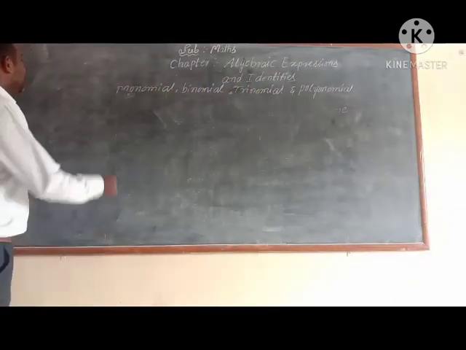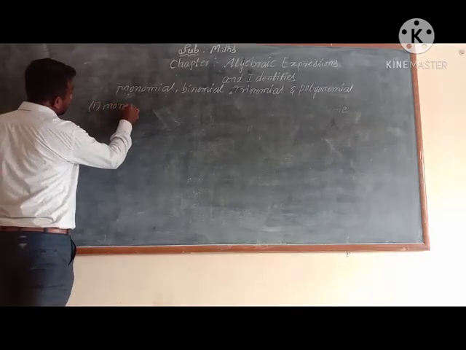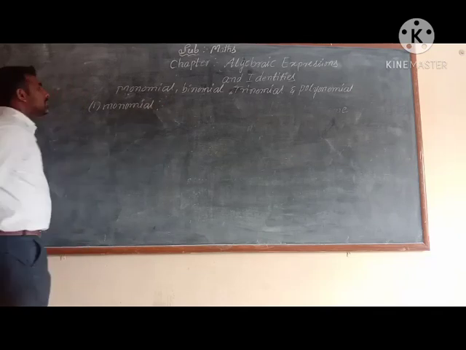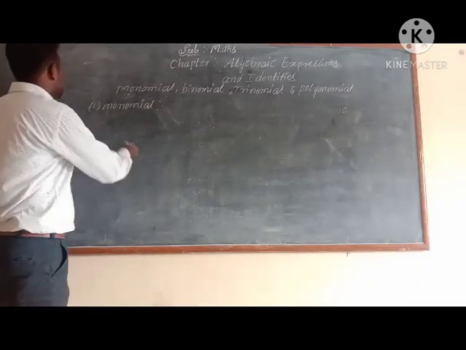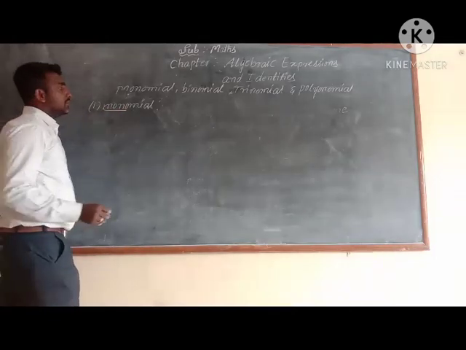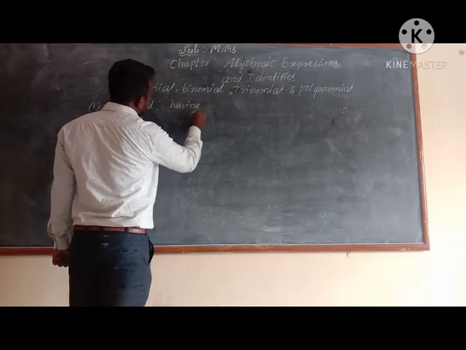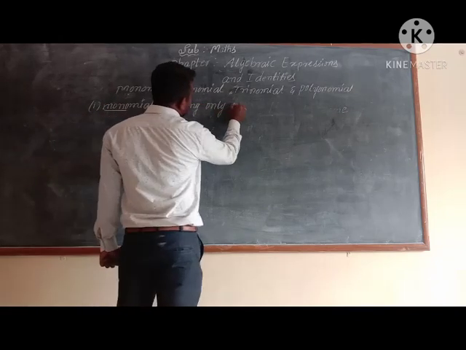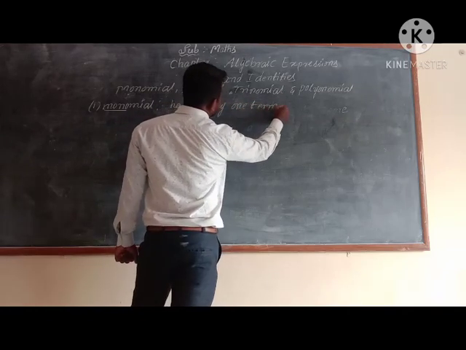The first one is monomial. A monomial means an algebraic expression having only one term. Mono means one, so an expression having only one term is called a monomial.